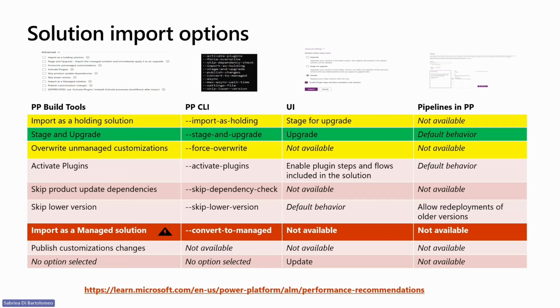Avoid using the override unmanaged customizations option. This option forces the import process to override any active customization in the target environment. This option slows down the import process and it's generally not recommended.